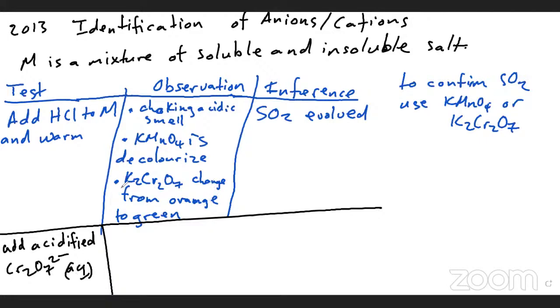So this observation would come down here. Up here I could put that the gas is produced with a choking acidic smell, since they follow up with the confirmation here. So bring these down here. But you would still have to confirm it, so make it stay. This goes from orange.